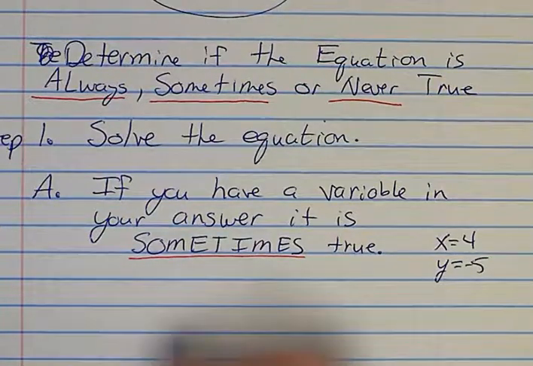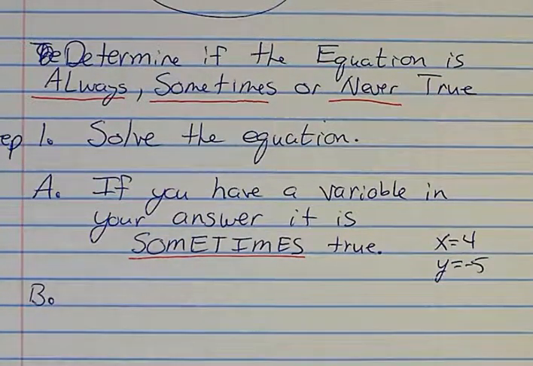And the other two really make more sense, the B part of it. So you're going to solve the equation, and it's going to be one of these three things, and you've got to figure out where that answer fits.